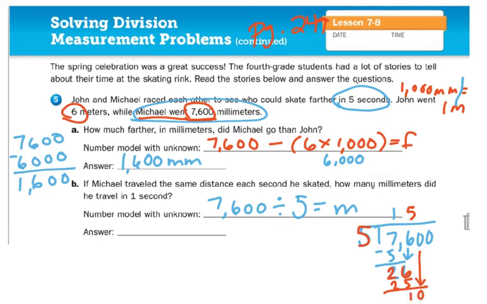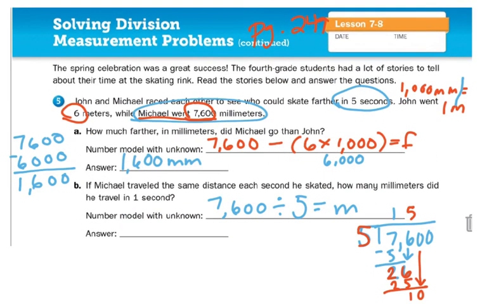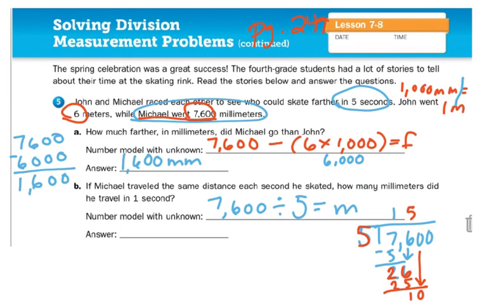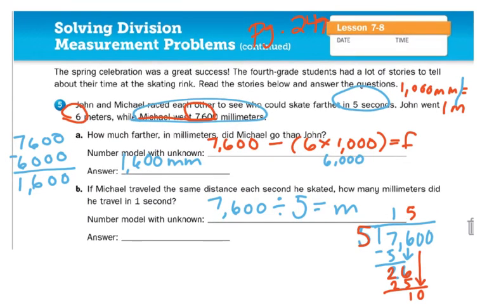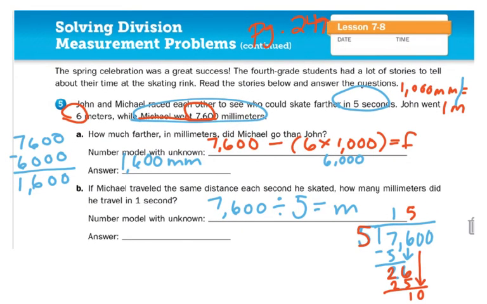Bring down your 0. How many times does 5 go into 10? It goes twice. It's 10. Subtract, bring down your 0, and 5 goes into 0 times. So he traveled 1,520 millimeters per second.